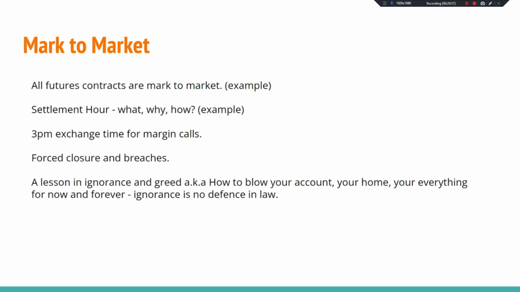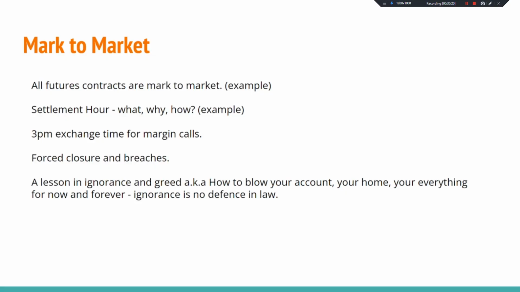Whatever that price is, that is the settlement, and all contracts are settled at that point. And what that means is that if the difference between when you bought the contract and now is greater, money will be immediately transferred to your trading account.